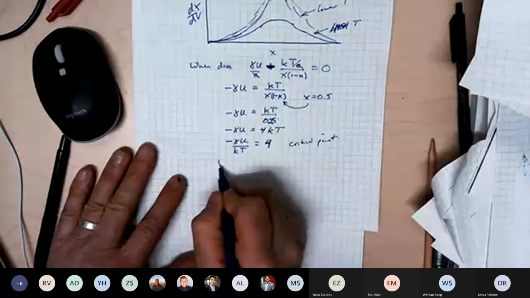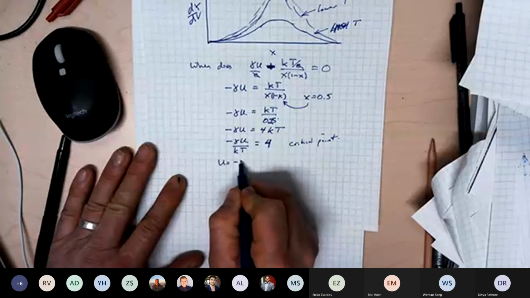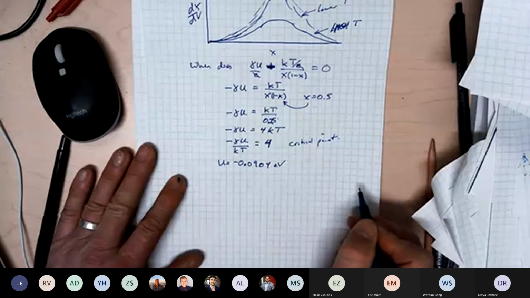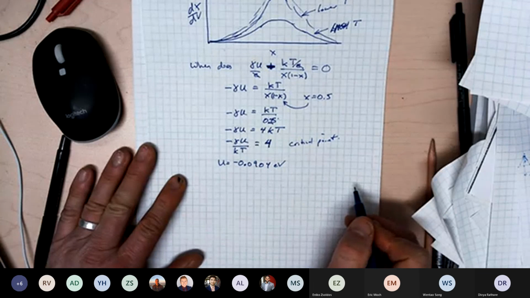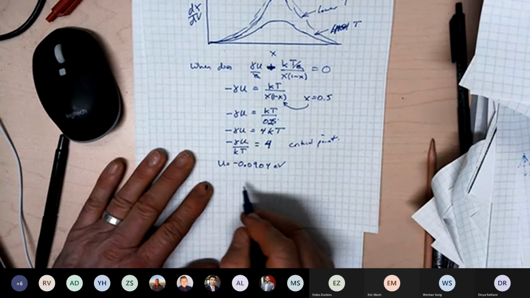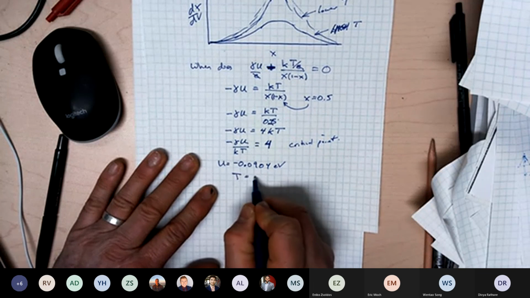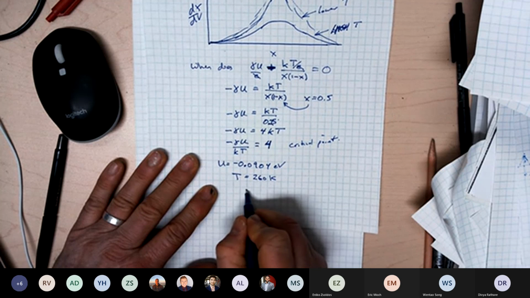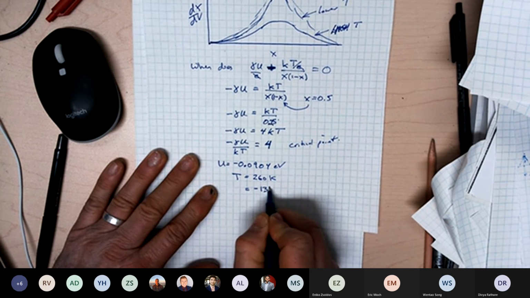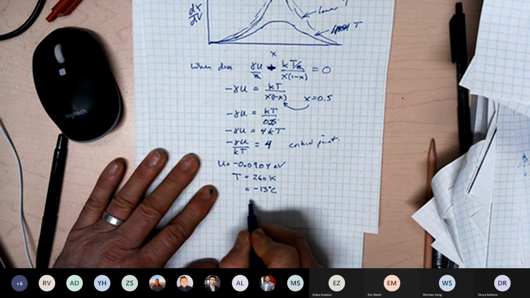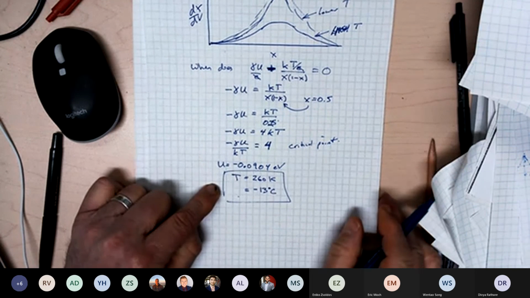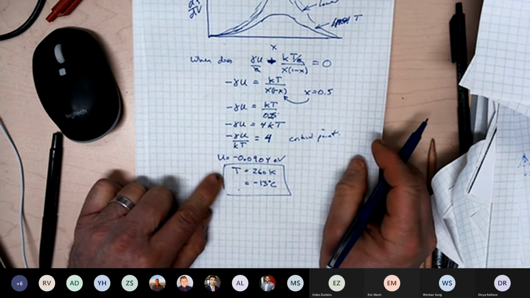So we learned that u was equal to minus 0.0904 eV. And if you solve this for the temperature, you get T equals 260 Kelvin, or minus 13 degrees C. And that's fully within the experimental range.